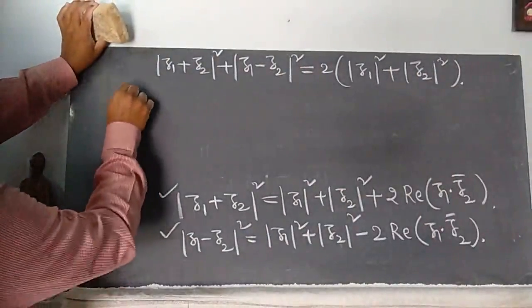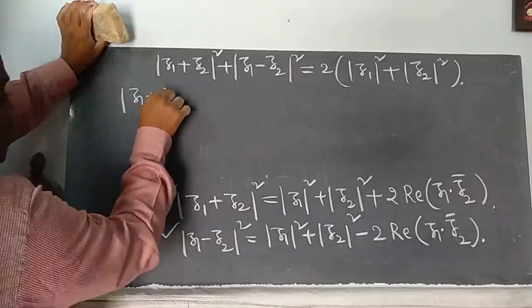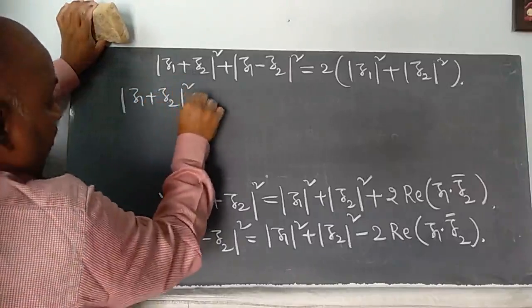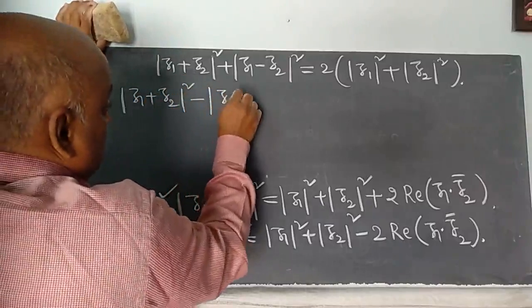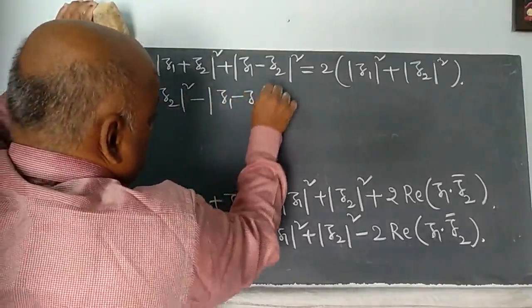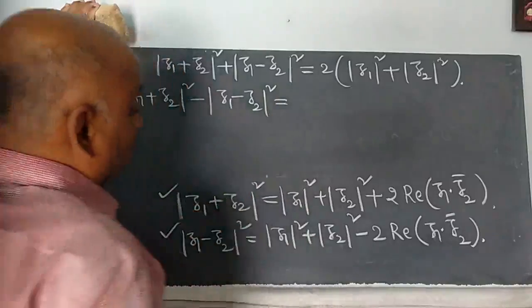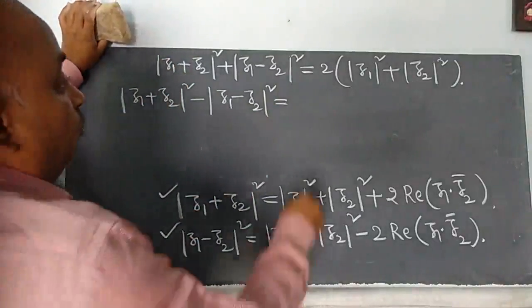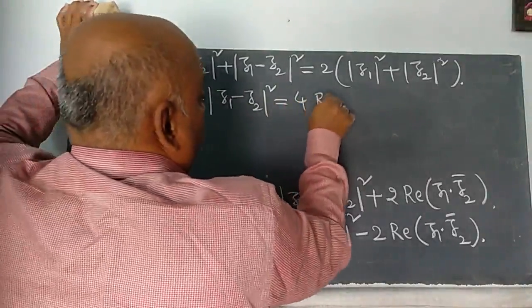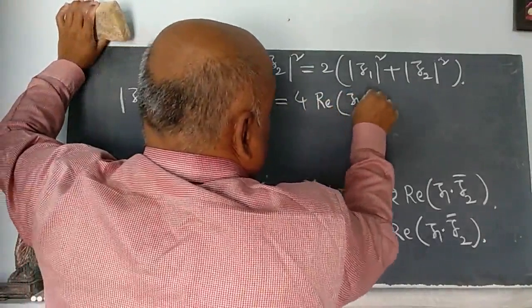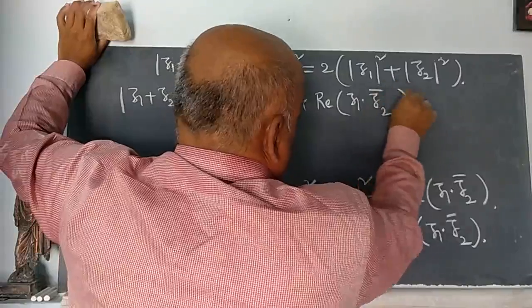Again, mod z1 plus z2 square minus mod z1 minus z2 square is equal to 4 into real part of z1 z2 bar.